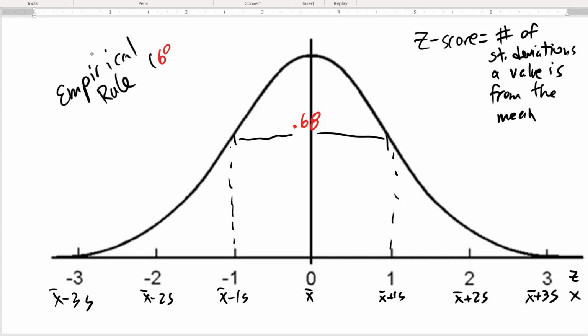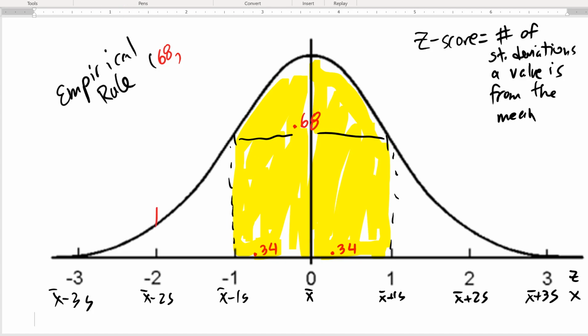So if we have 68% of the data within 1 standard deviation, what must each of these pieces be worth? Well, since we know the normal distribution is symmetric, I have 2 pieces that total up to 68 and they're identical. So if I take that 0.68 and I cut it in half, each of these is worth 34%, 0.34. So if I took the area of these 2 pieces, each one would be 34, and so they would total 68.